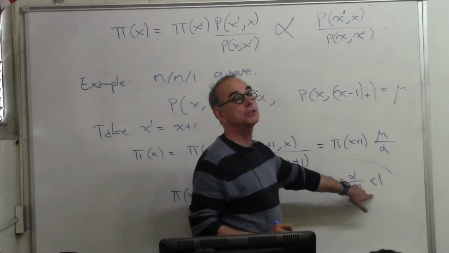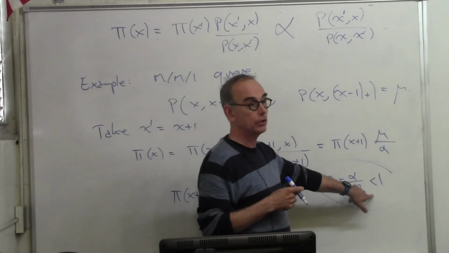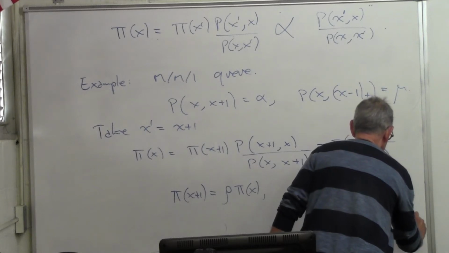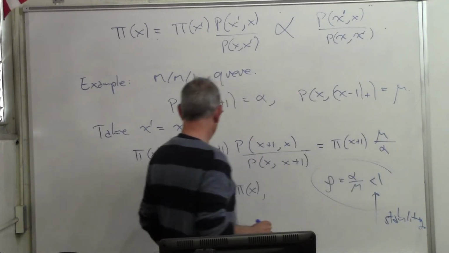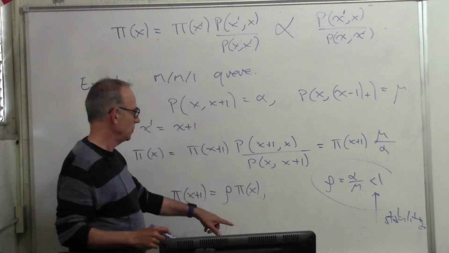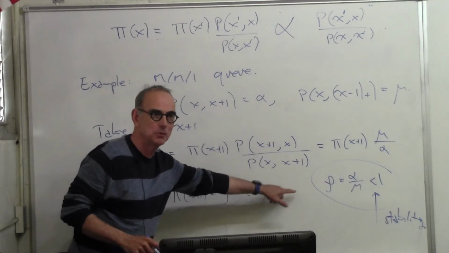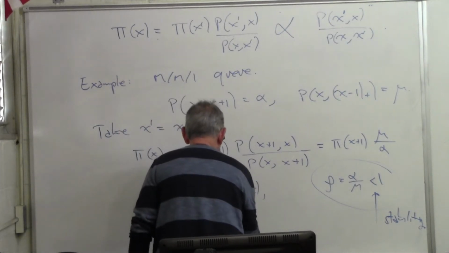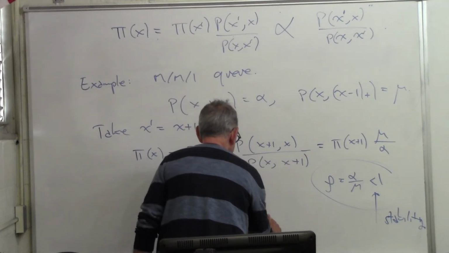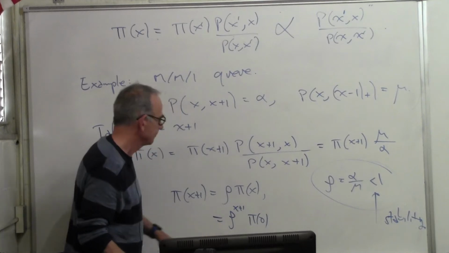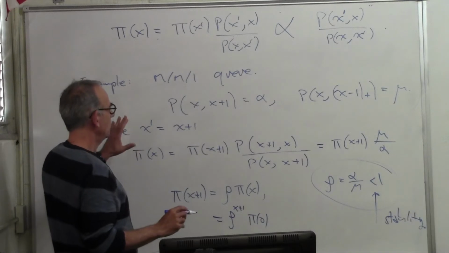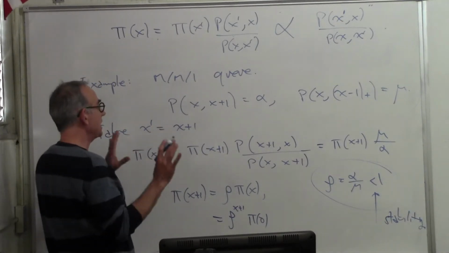And rho less than 1 is for stability, so that Foster's criterion will hold. This is a simple linear equation you can iterate: pi of x will be rho times pi of x minus 1, and so forth. You get that this is rho to the x plus 1 times pi of 0.